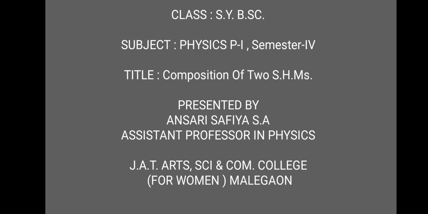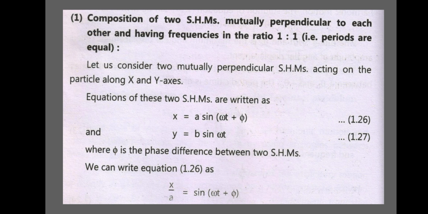Today we have to study composition of two SHMs mutually perpendicular to each other and having frequencies in the ratio 1:1. Consider two mutually perpendicular SHMs acting on the particle along x and y axis.